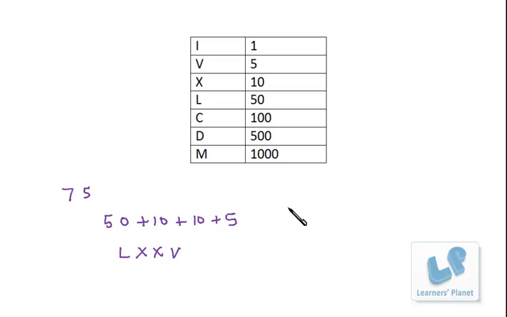Okay, now similarly, suppose we wish to write 72. So it's 50 plus 10 plus 10 plus 1 plus 1. Okay, now 50 is what? L, this is X, this is further X, then this is I, and this is I. Okay.